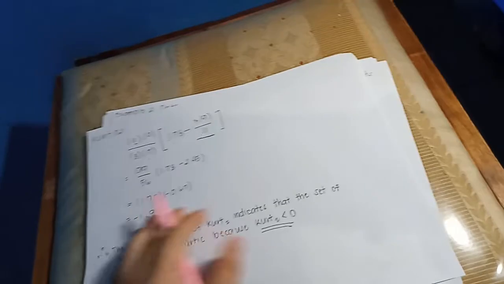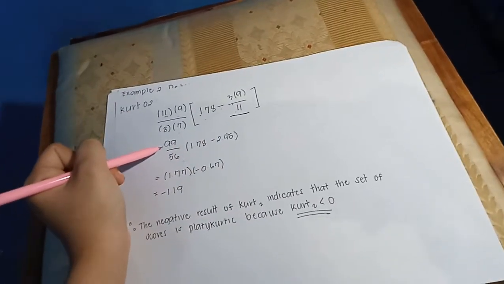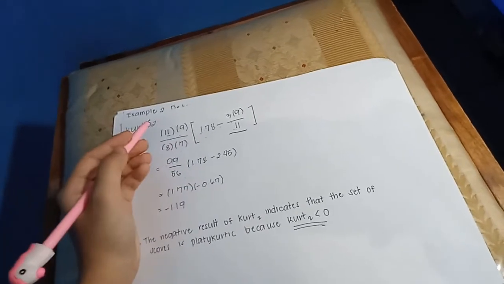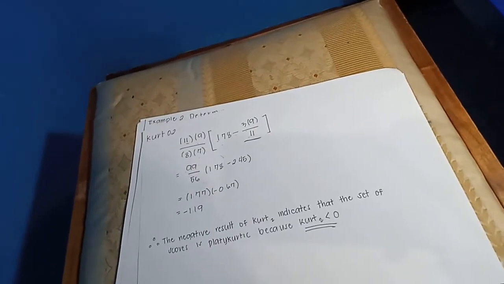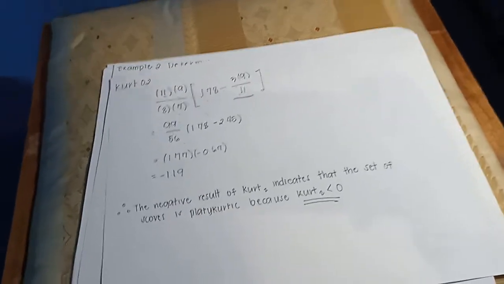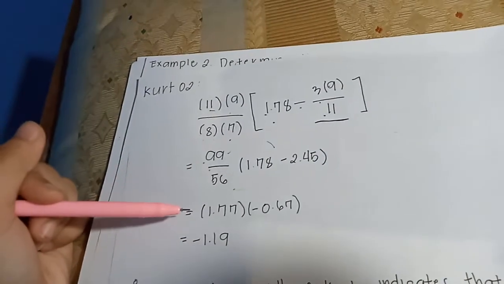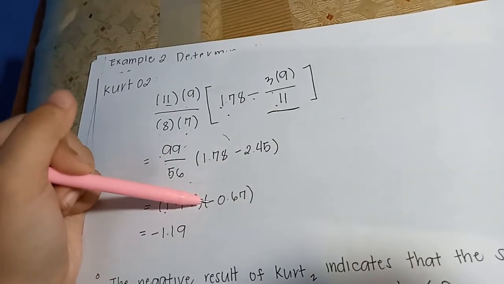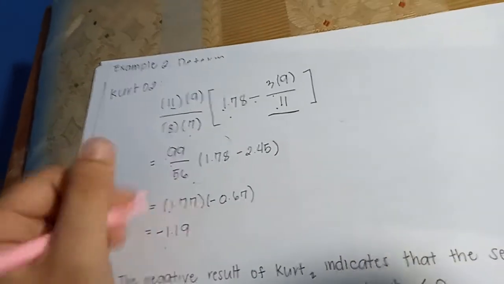And once I got that, like right here, I will solve them. So, we got 99 divided by 56, then multiply it to the answer of 1.78 minus 2.45, like right here. Okay, so the answer will be 1.77 multiplied by the negative 0.67, and the answer will be negative 1.19.